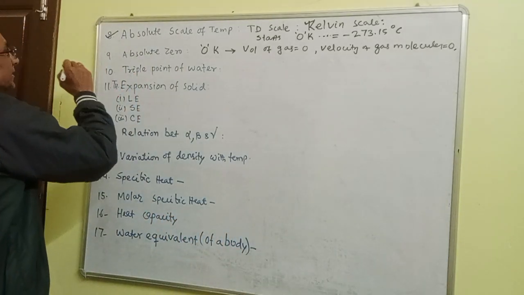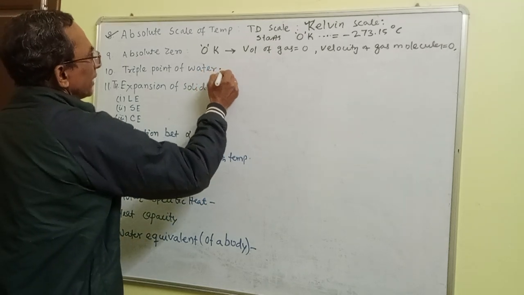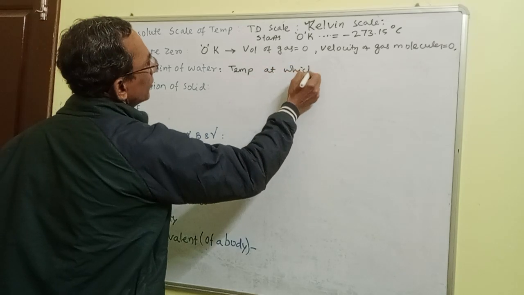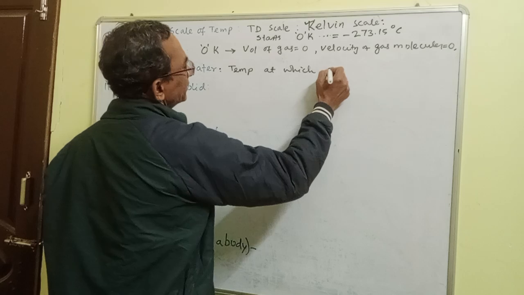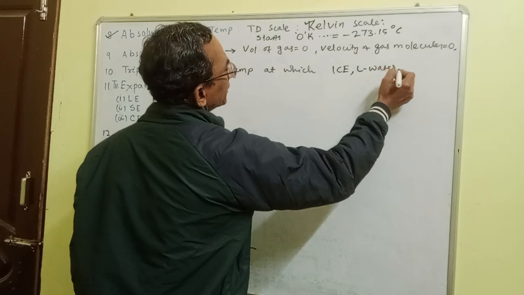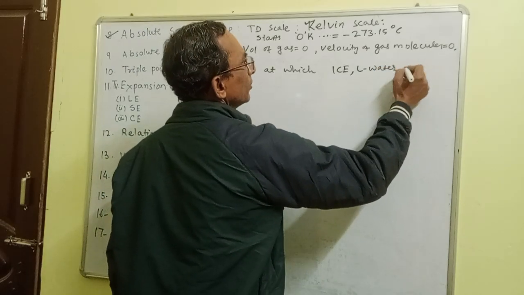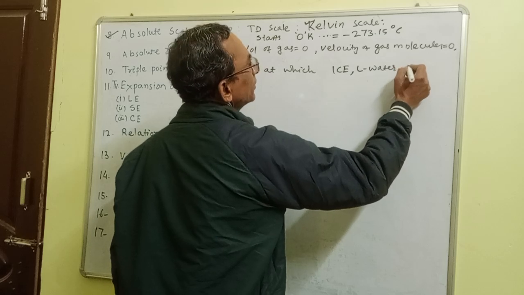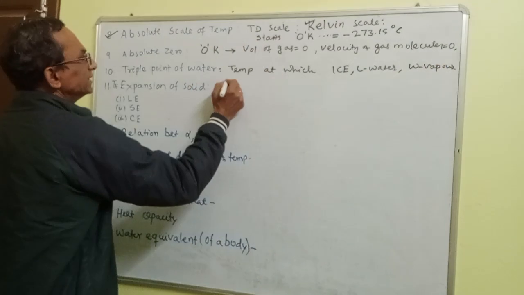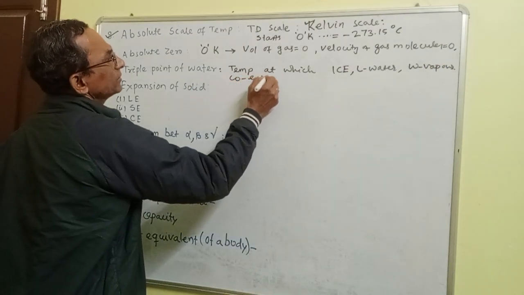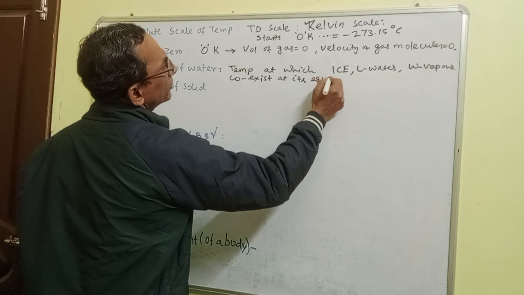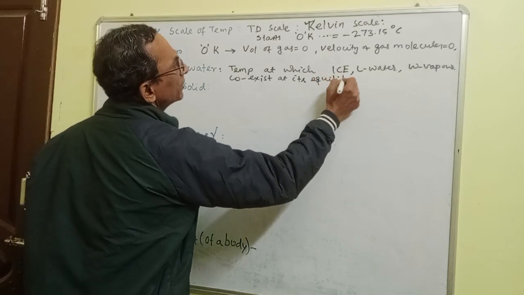Next point is: what is the triple point of water? Triple point of water is the temperature at which all three states of water, that is ice, liquid water, and water vapor or steam, coexist at thermal equilibrium.